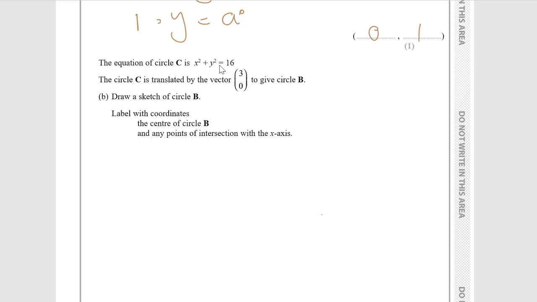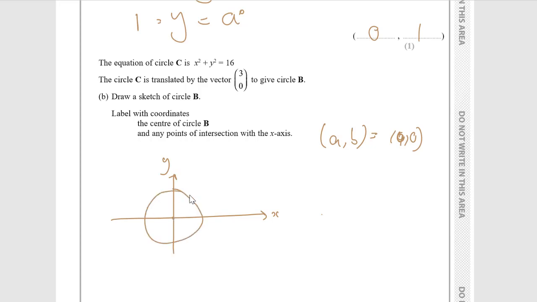So we have, if I do this correctly, a grid, and we know that the center of circle C is the origin, 0, 0, and then we have something that goes all around, so that's 4, minus 4.